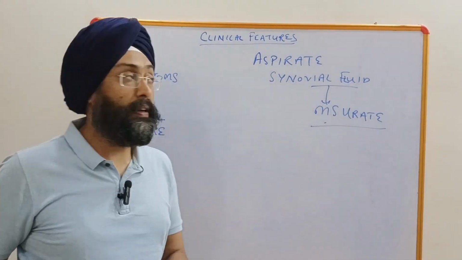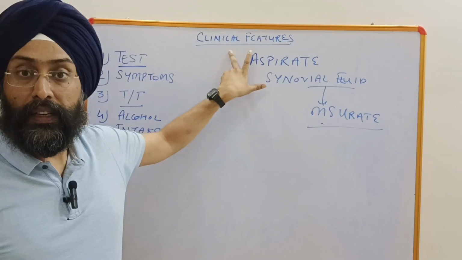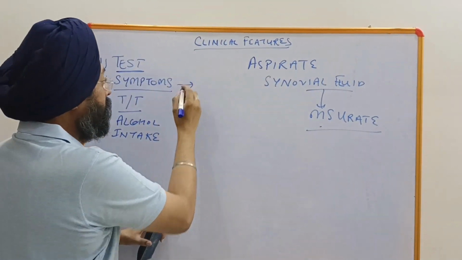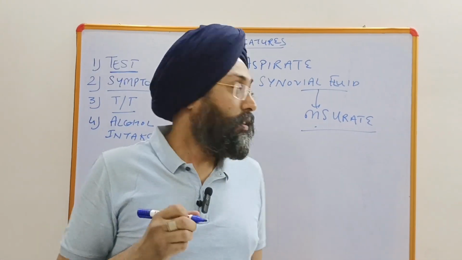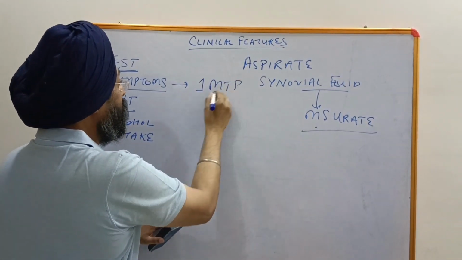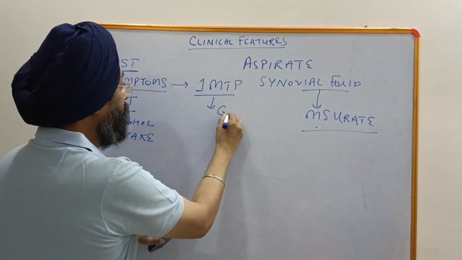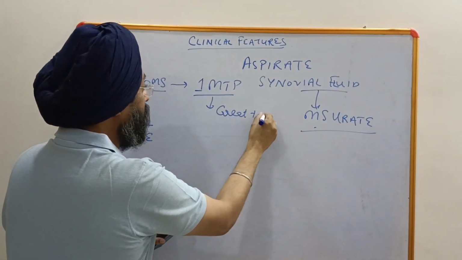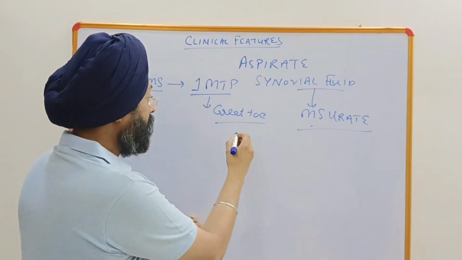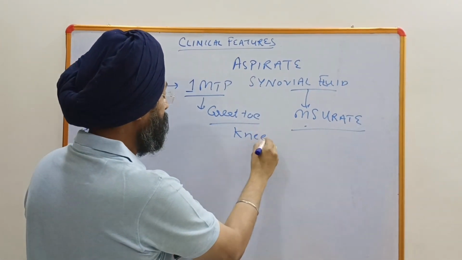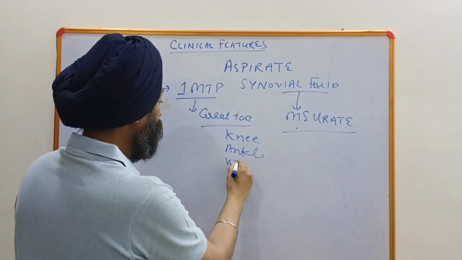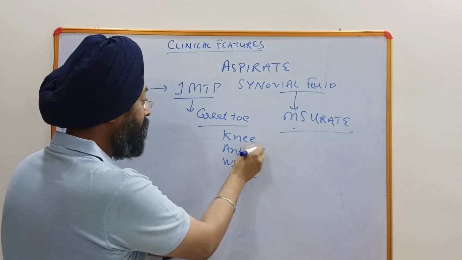This is the most confirmatory test for gout, right? And now coming on to symptoms, the first metatarsophalangeal joint of great toe is affected, causing great pain. It can also affect knee joint, ankle joint, and causes wrist pain as well, right?